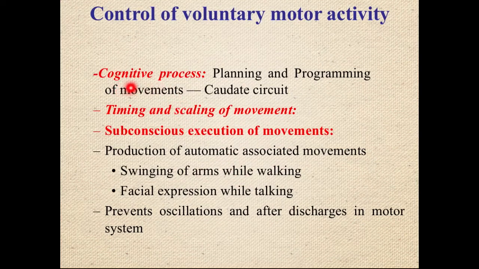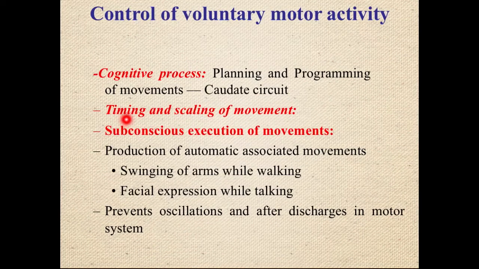So in the voluntary motor activity, it has the cognitive process of planning and programming. Via these we can say it will decide the sequence of the motor pattern and then execute that sequence of the pattern of the motor activity.